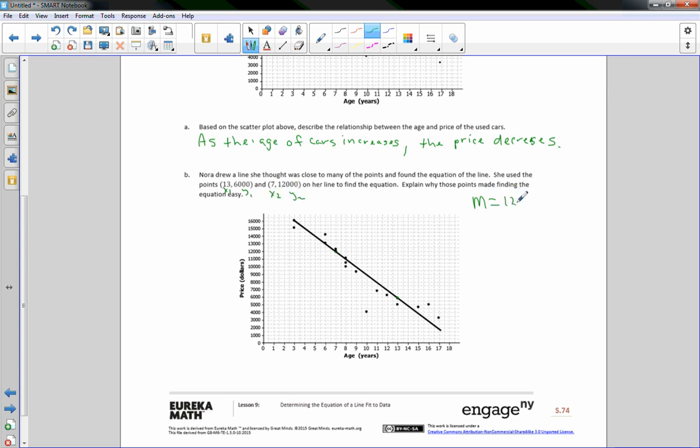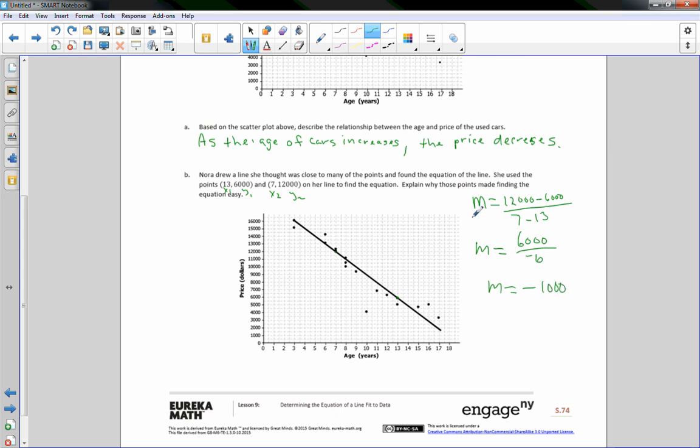So what we're saying is 12,000 minus 6,000 over 7 minus 13. So when we do that, we get m equals 6,000 over negative 6. And therefore, a positive divided by a negative is negative, and 6,000 divided by 6 is 1,000.